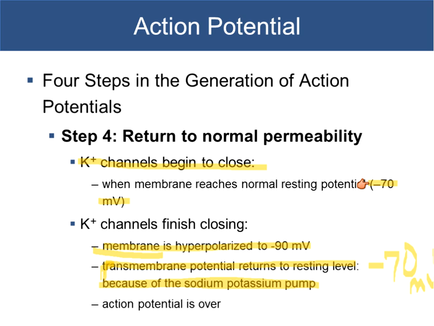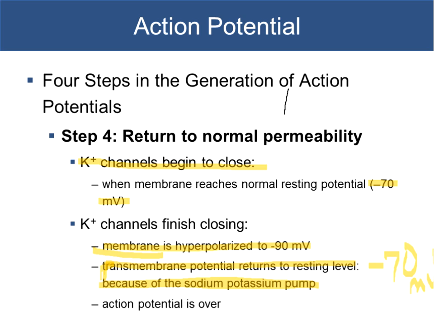In fact, the potassium channels start to close when we get to negative 70 millivolts, but they don't all close at the same time. Because of that, we end up becoming hyperpolarized, which means we push out a little bit too much of the potassium ions. So we need the activity of the sodium-potassium pump to bring in some of that potassium we kicked out and get us back up to negative 70 millivolts.